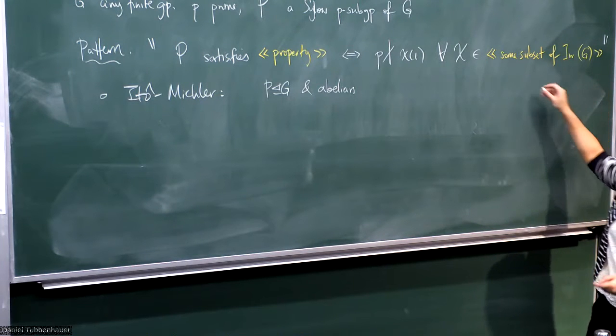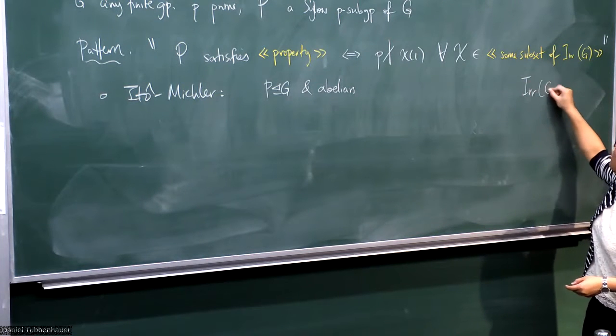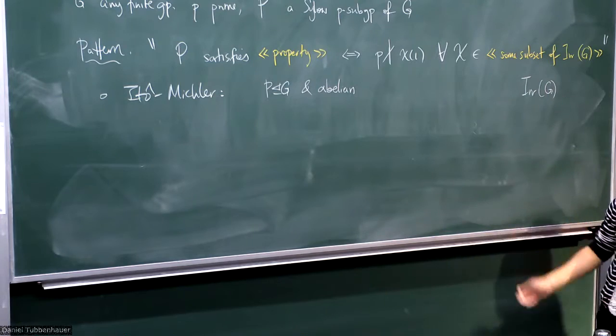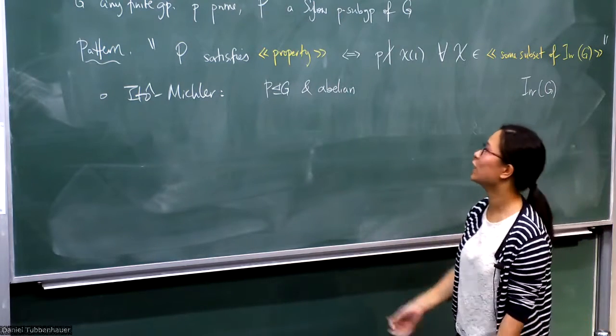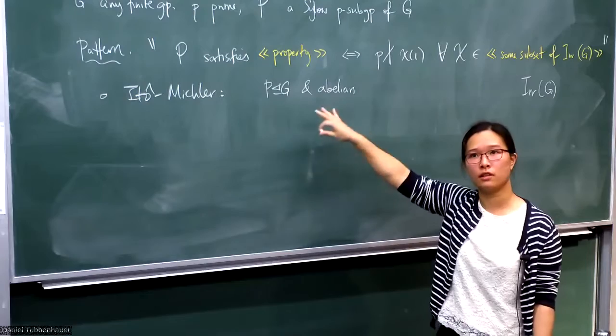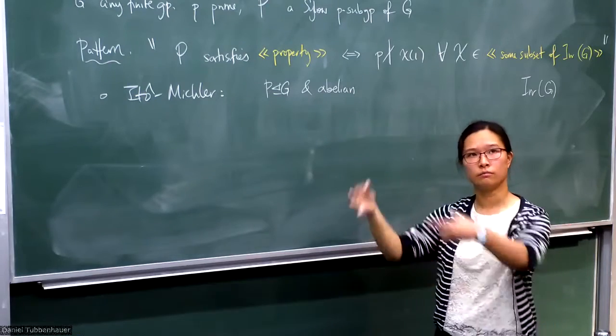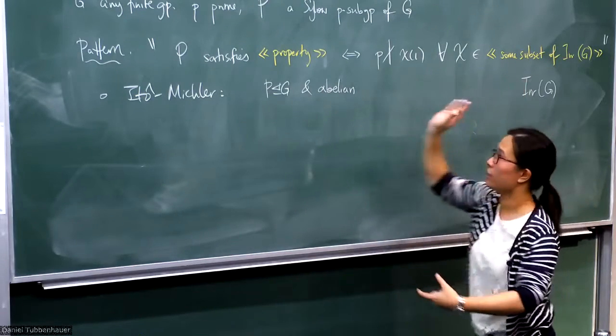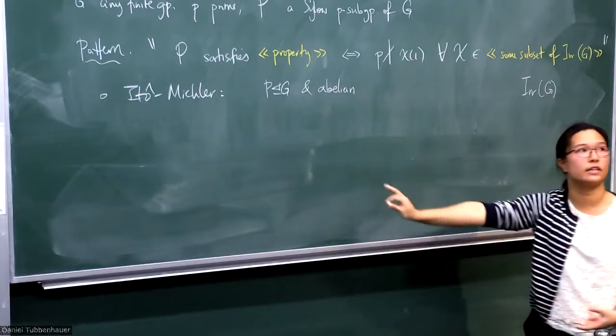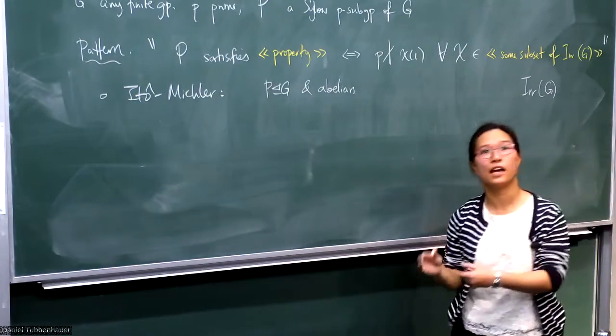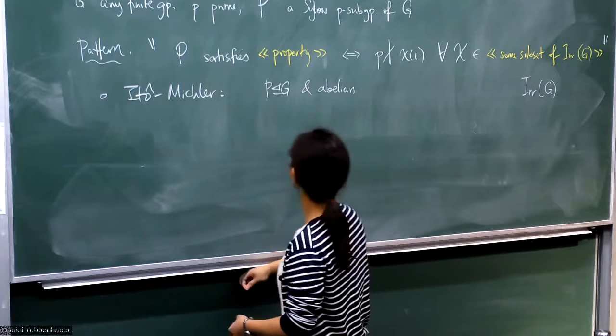So the subset here is really just the whole of Irr(G). And so naturally it's nice to ask, can we actually separate these two conditions into some subset that characterizes normality and some subset that characterizes abelian? And the answer is yes, as of rather recently.